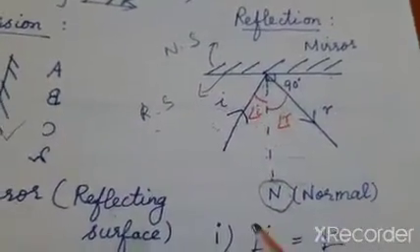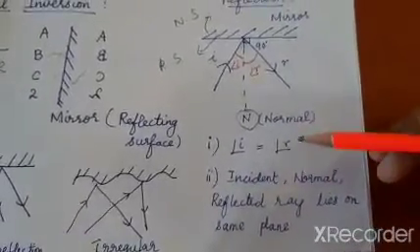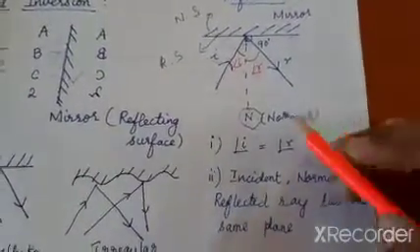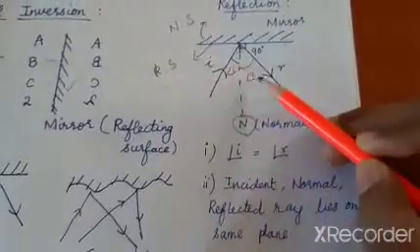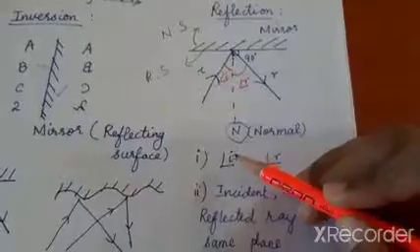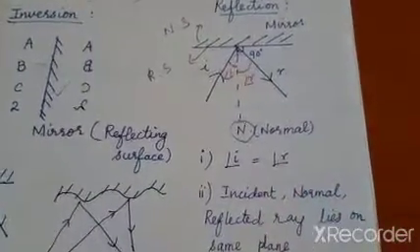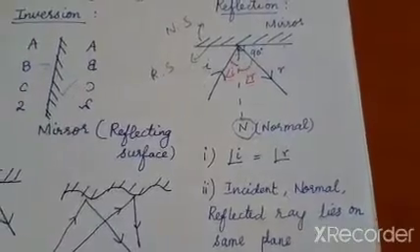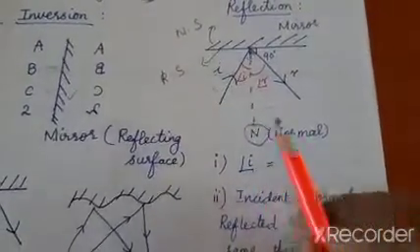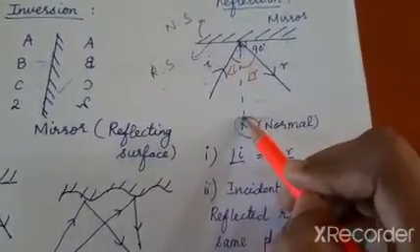Clear? There are two laws of reflection. The first law of reflection tells us that angle i is equal to angle r. That is, the angle of incidence is always equal to the angle of reflection. See here, the normal is a bisecting line.